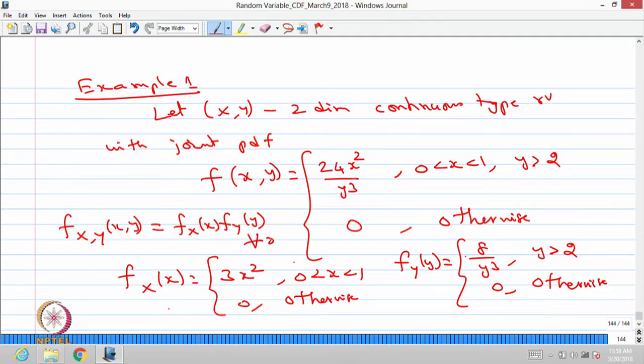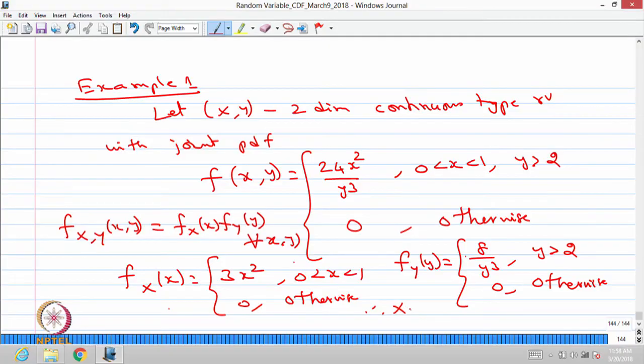Therefore, for all x comma y, the joint probability density function is the same as the product of the probability density functions of x and y. Therefore, these two random variables are independent. Each one is of the continuous type.